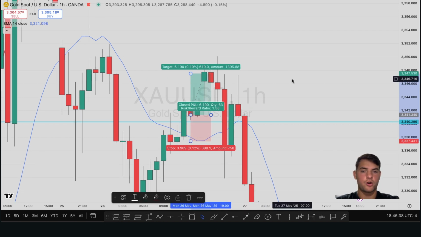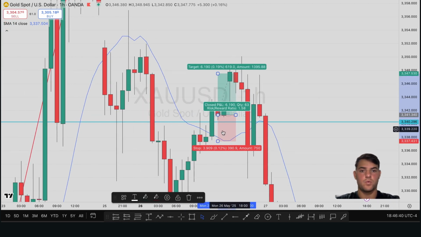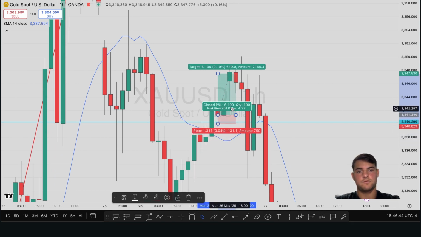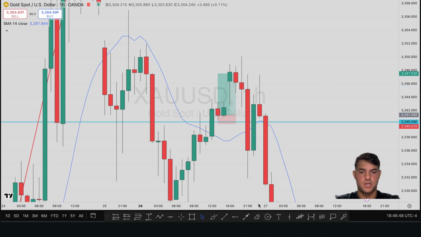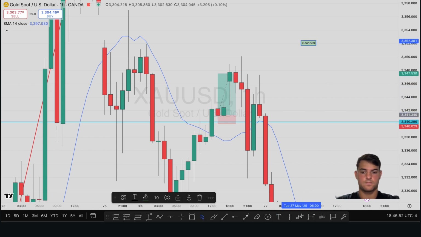I have 4 confirmations for this trade. The first is the moving average. Price is above the moving average, right? That's one indication. So let me write this down. Above price action.